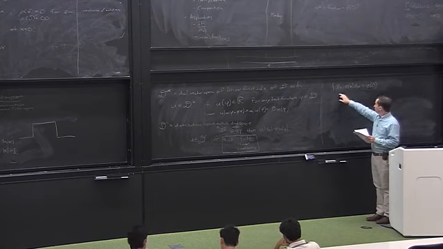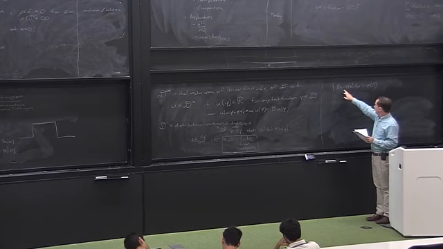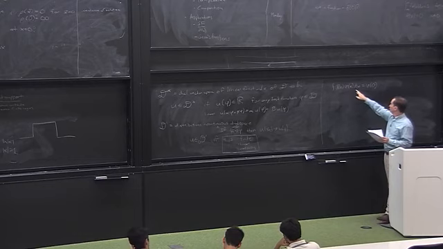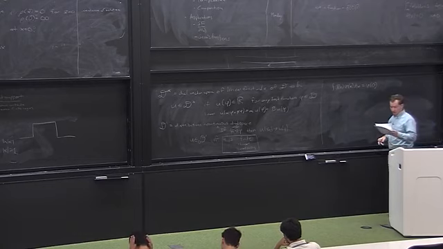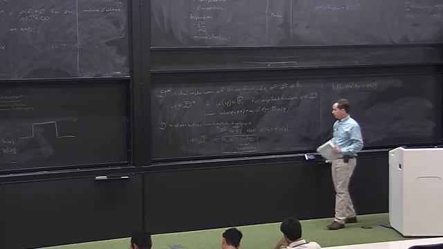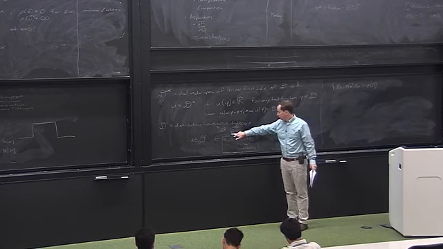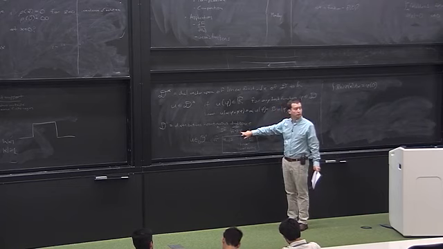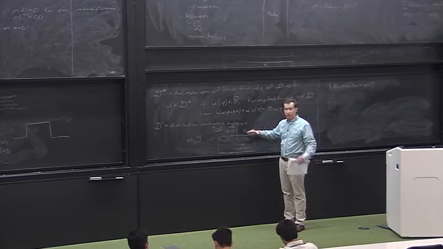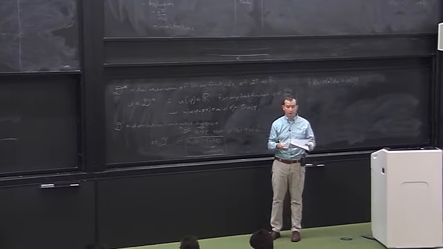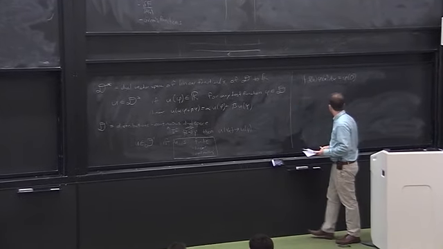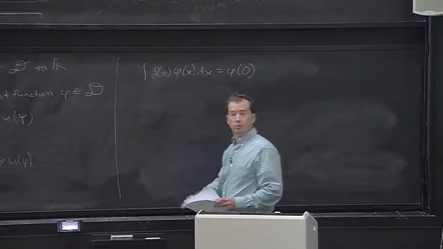It's linear. So if we added together two test functions here, we get the sum of their values at 0. And it's continuous: if a sequence of functions approaches a limit, then those functions are getting close everywhere, and so their values at 0 are also getting close.